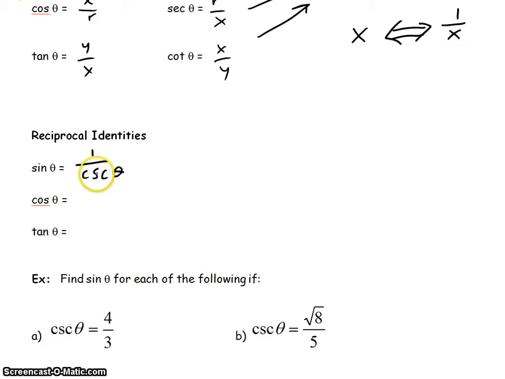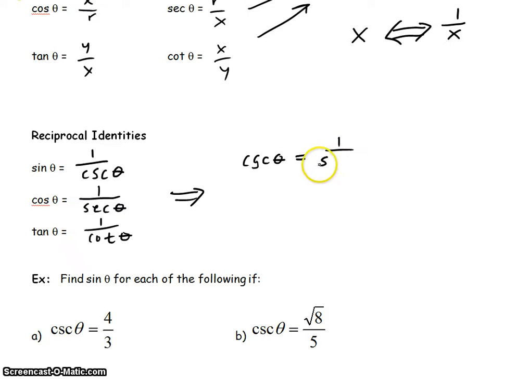So the reciprocal of cosecant is sine. The reciprocal of secant is cosine. The reciprocal of cotangent is tangent. Now likewise, if I needed to use cosecant, I could just say that that's 1 over sine.